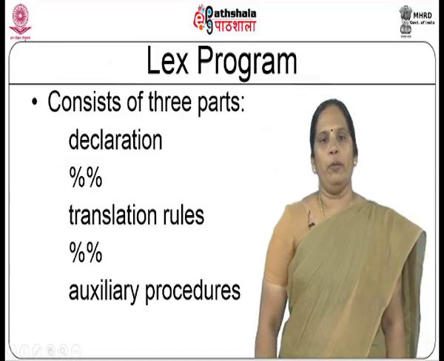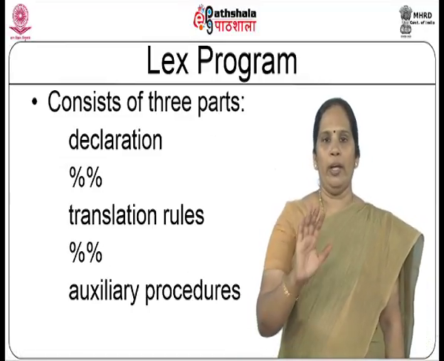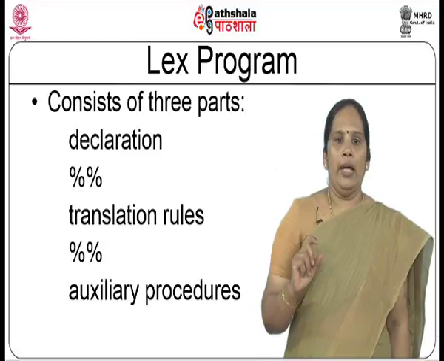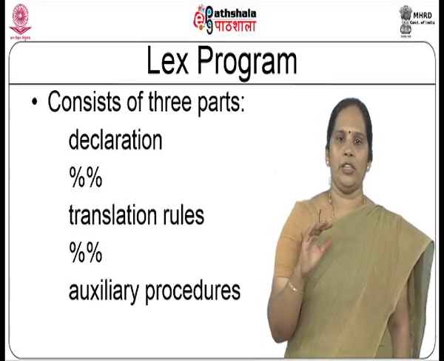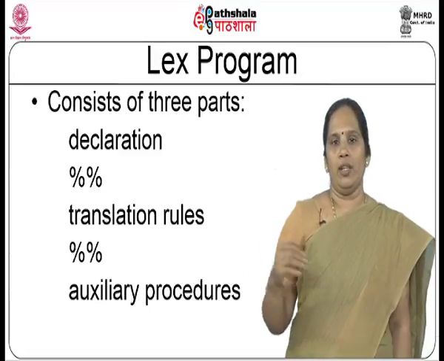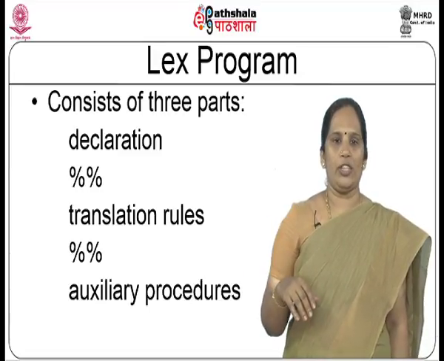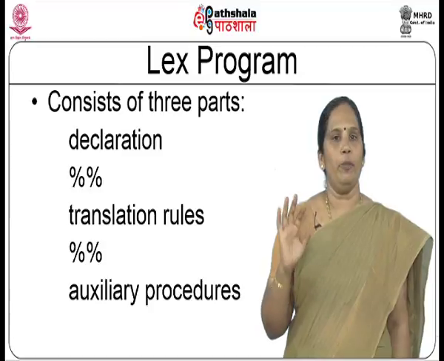The Lex program typically consists of 3 parts. This is going to be a .l file, and it has 3 sections. The first is called the declaration section. Next are the translation rules, and the third is the set of auxiliary procedures.